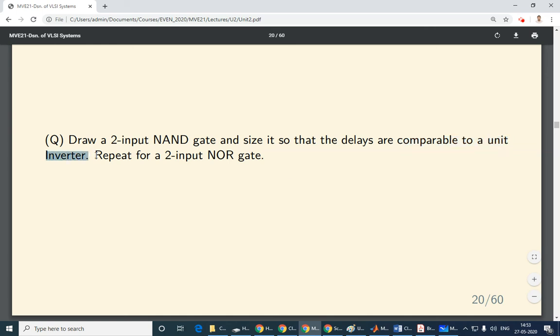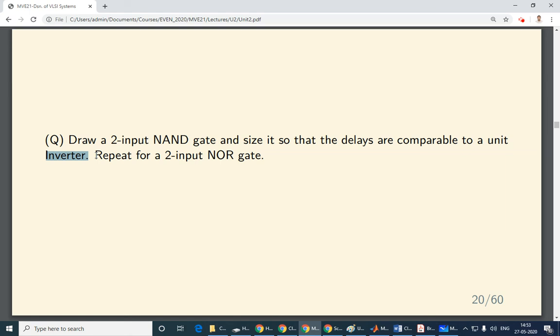What is the meaning of this statement? We have a unit inverter, we know its sizes. The PMOS is 2, NMOS is 1. What this statement means is, the NAND gate also should have the same delay as the unit inverter. NAND gate obviously has more transistors, right?